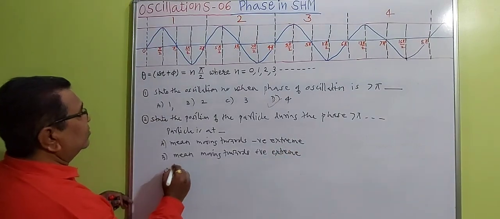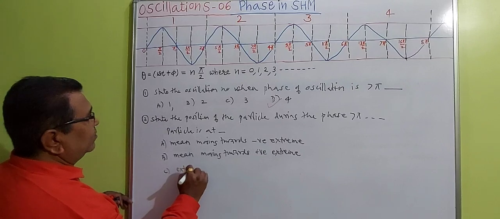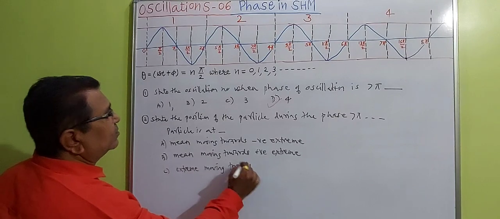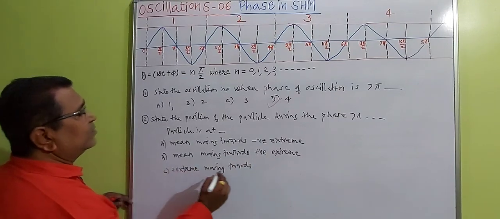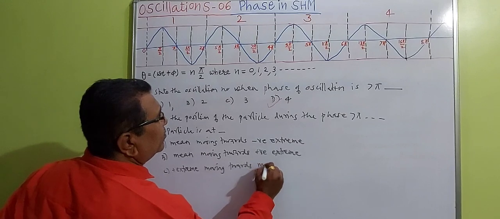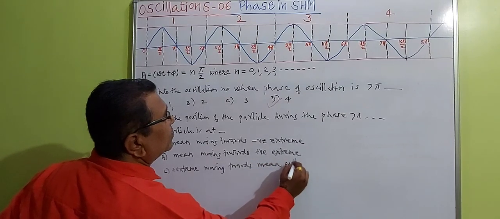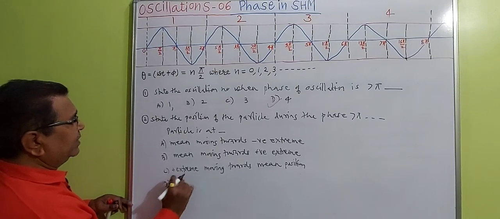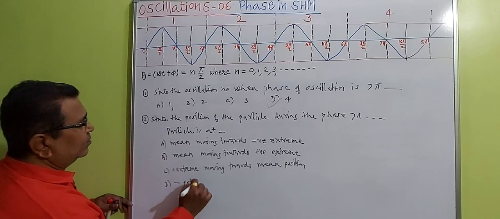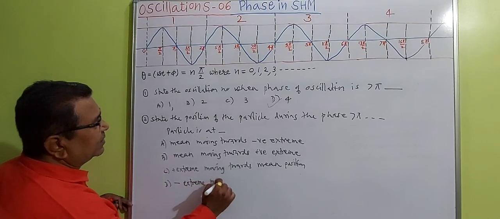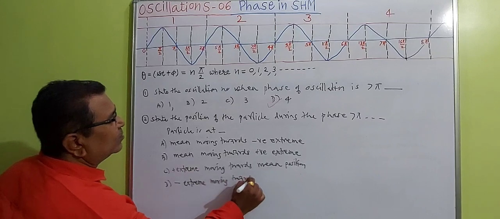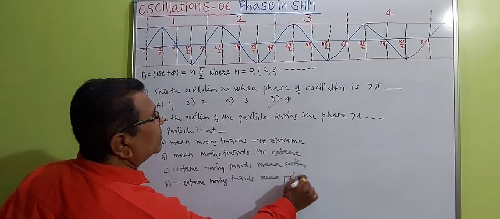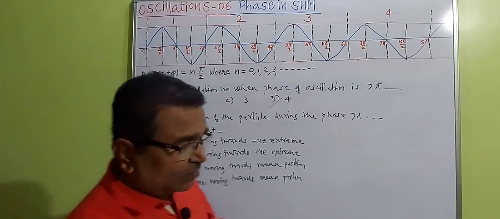C option, particle is at positive extreme moving towards mean position. D option, particle is at negative extreme moving towards mean position. So what is the correct alternative that you can choose?